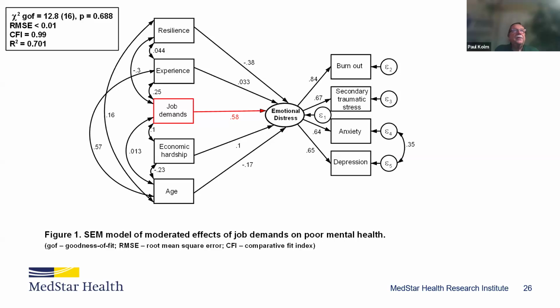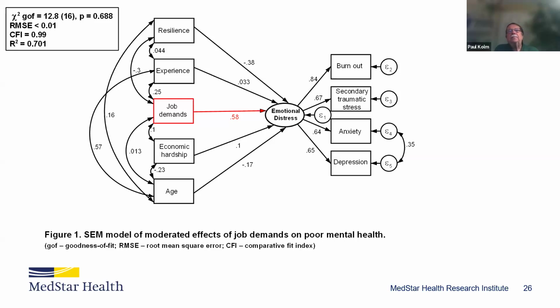And this is the actual final model that we came up with, where we eliminated the other covariates, and we looked at just resilience, experience, economic hardship, and age, and their relationship with job demands.